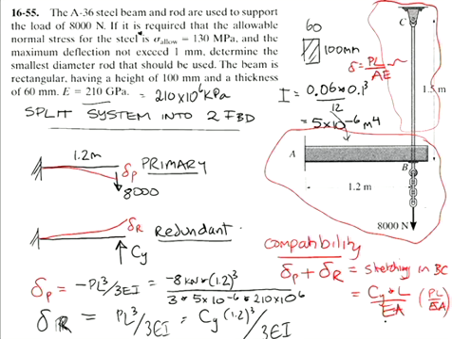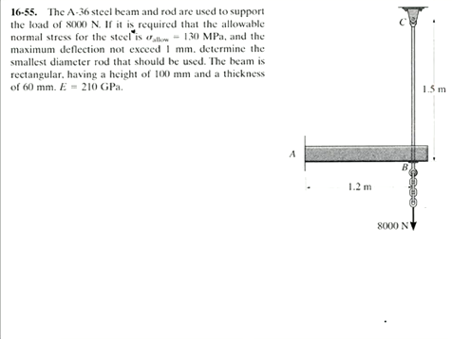So looking at our entire equation now, next page, primary plus redundant is equal to CY times L, which is 1.5 metres, on EA.